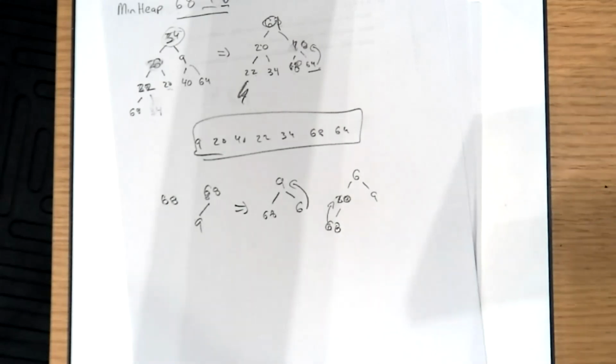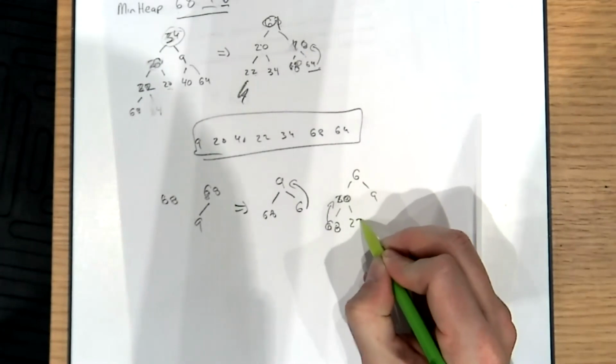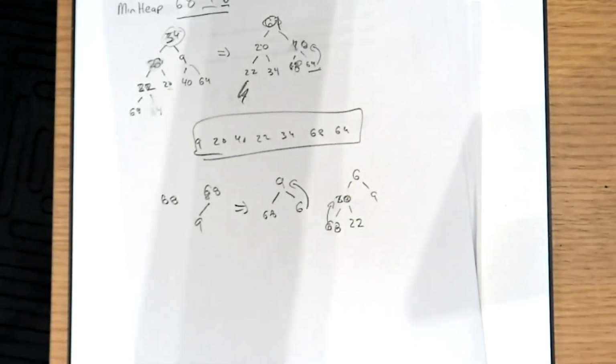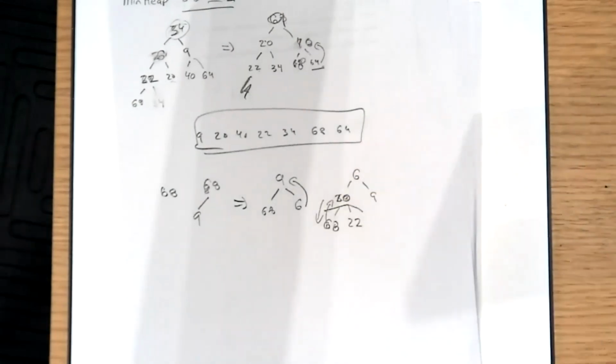Okay, you're welcome. And the last question, why did 22 not switch positions? When we do 22, 22 is going to be put here. That maintains the complete binary tree. 22 in a minimum heap is greater than 20. The only guarantee that I know in a minimum heap is that all the values from here down are greater than 20.